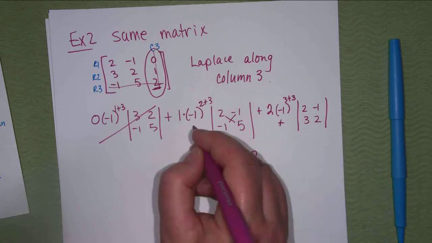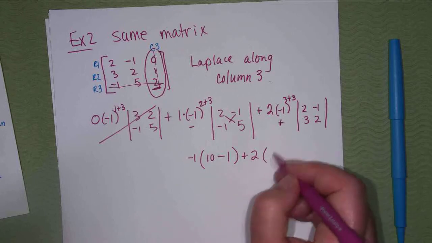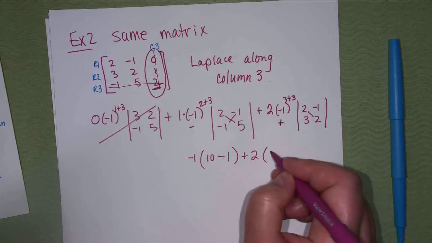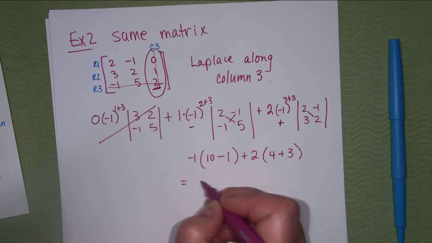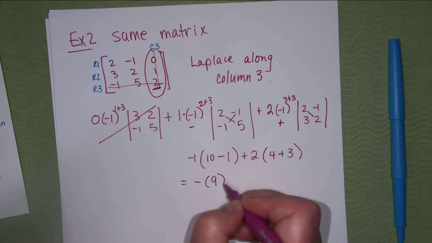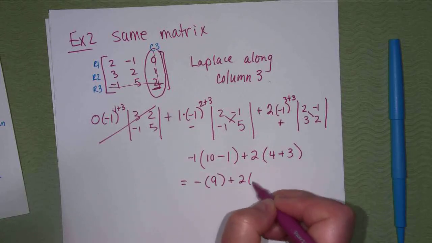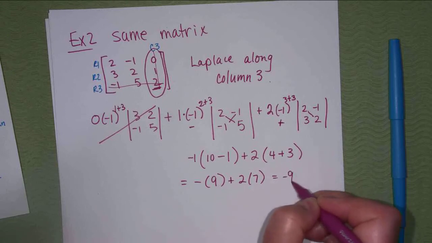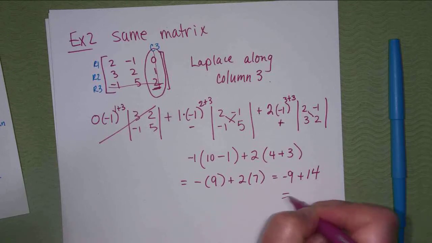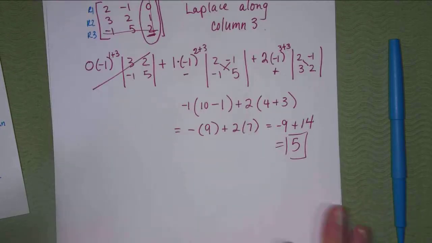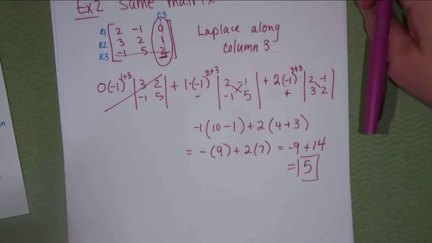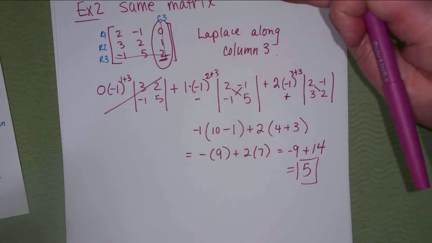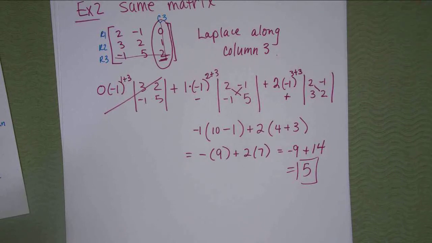This one's a negative. And this gives me 4 minus a minus 3. Good. And 5 was what we got last time. So you can pick any row or column, but if there's lots of zeros in it, or even 1 zero, it eliminates part of it.